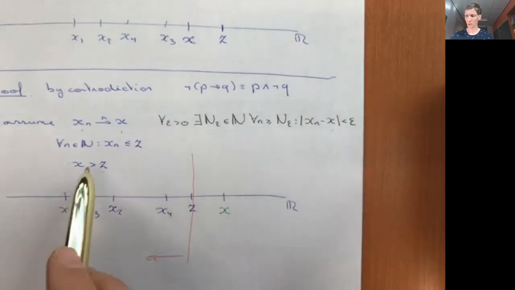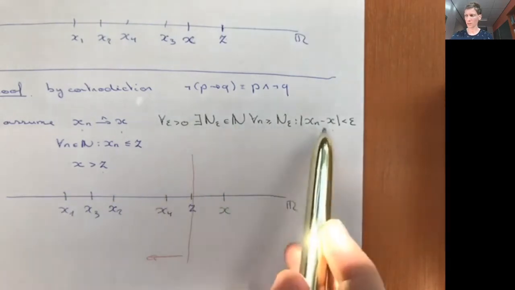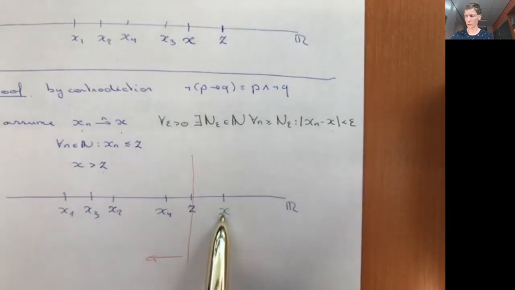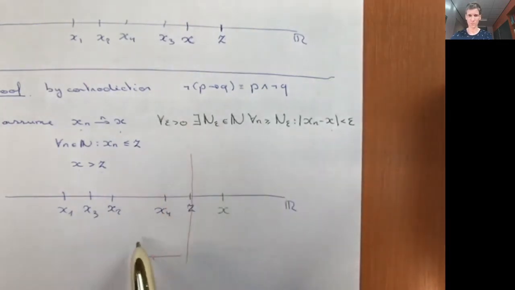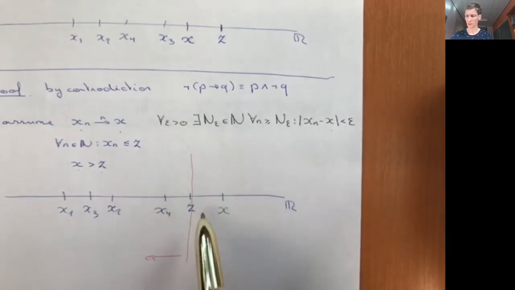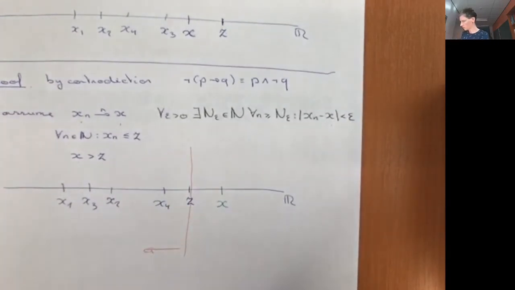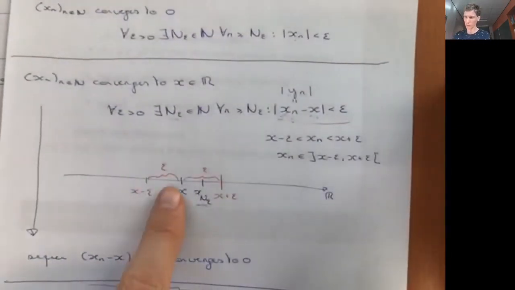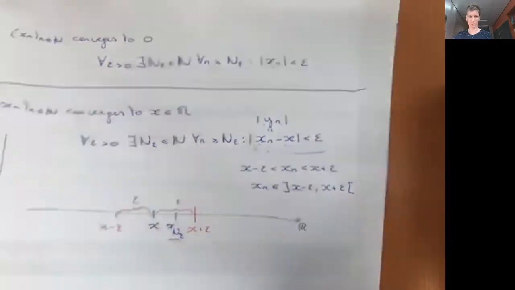So why would this be a problem with this definition? Well, if in the end I have to get arbitrarily close to x, then probably at some point I have to pass this red barrier, if I take epsilon small enough. If I look at this picture that I have drawn here, eventually you have to be epsilon close to x.